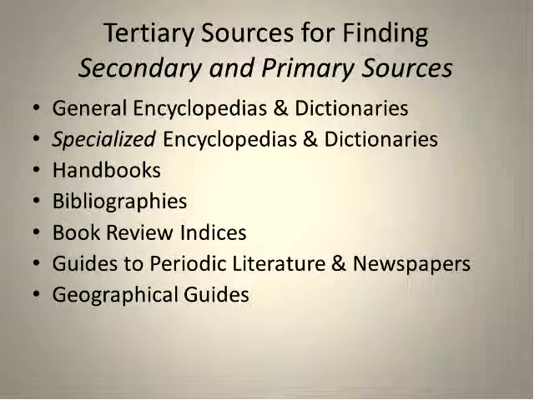Some tertiary sources that might help you find secondary and even primary sources or give you overviews are reference works like general encyclopedias, such as the printed Collier's or Britannica, which is not going to be printed after this year. It's going to be online, or even Wikipedia.